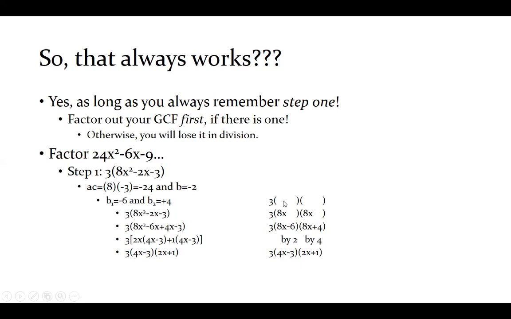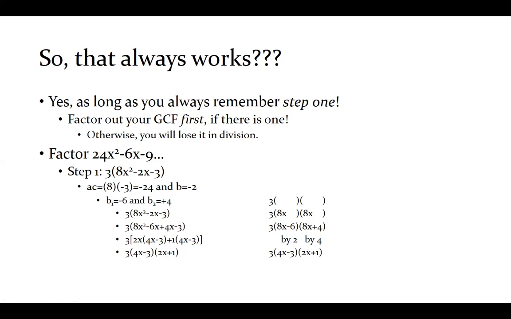But look what the AC method can split off and do if we go the airplane method route with it. We factored out our 3. That 3 is going to stay in front the entire time through the final answer. Set up our parentheses. We have an 8x squared, so we'll go 8x times 8x.